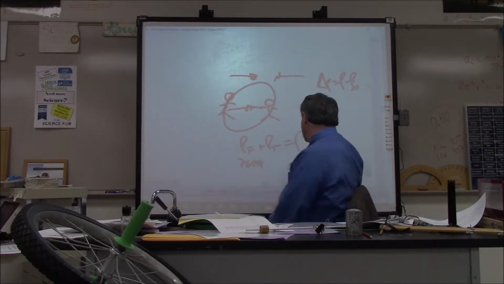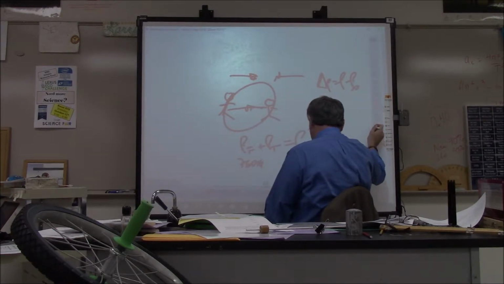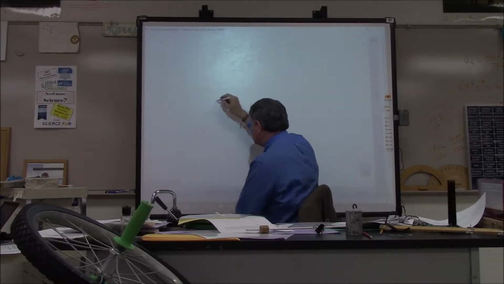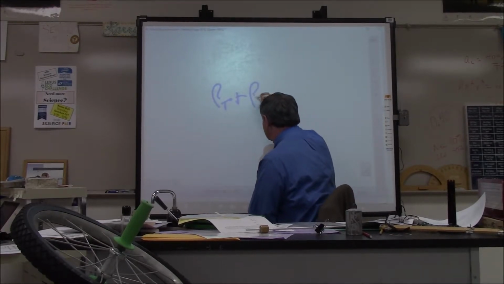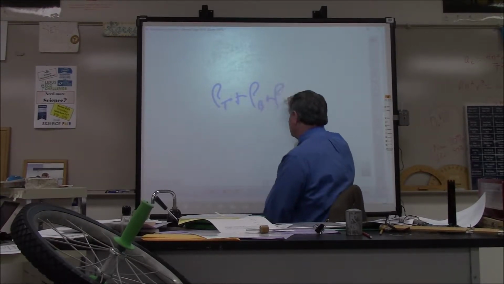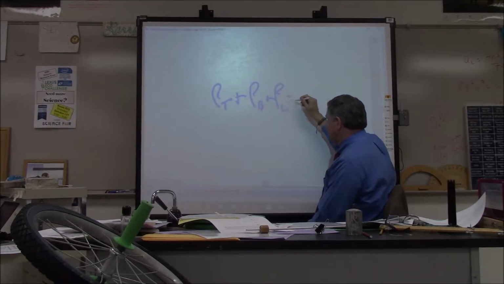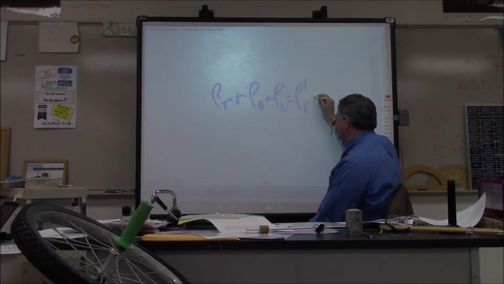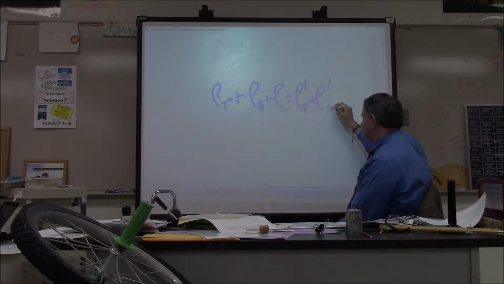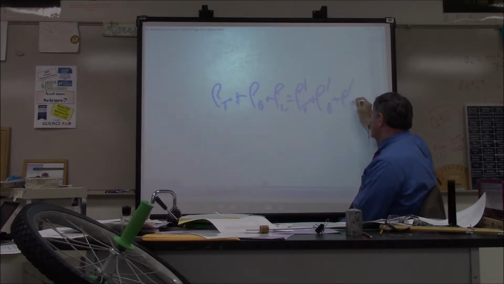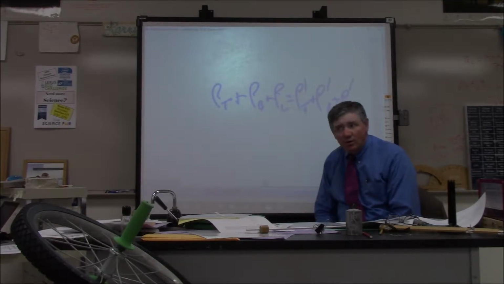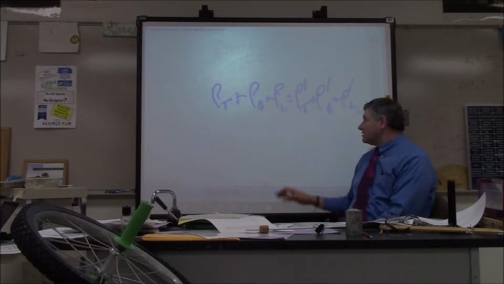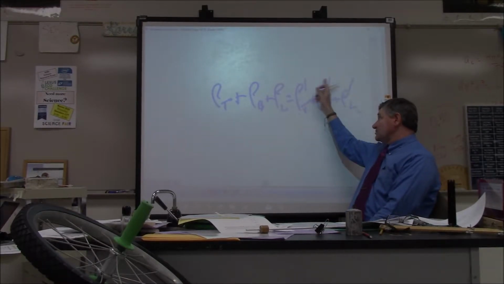Start off this problem going, okay, I got the momentum of Tony, plus the momentum of Bubba, plus the momentum of Leroy is going to equal the new momentum of Tony, plus the new momentum of Bubba, plus the new momentum of Leroy. They all start the same way. Don't shortcut this process.